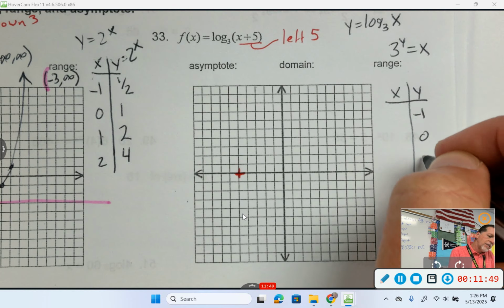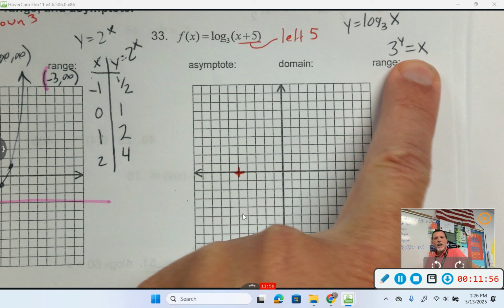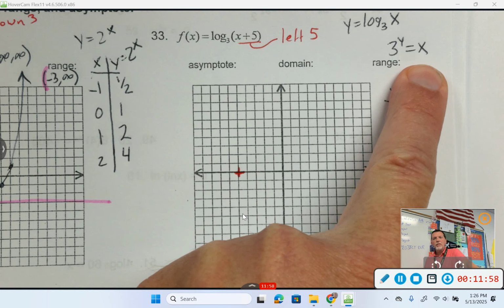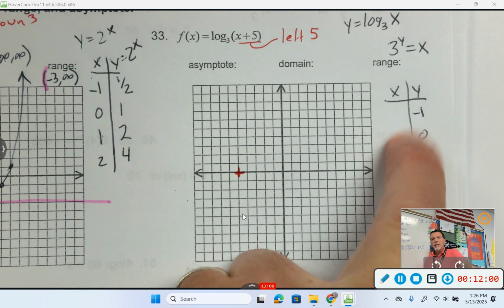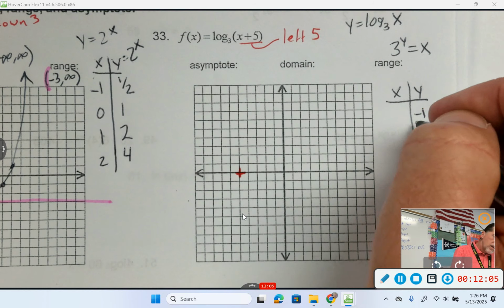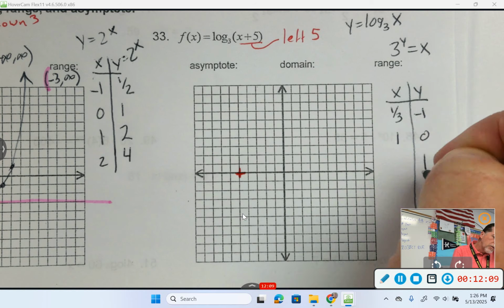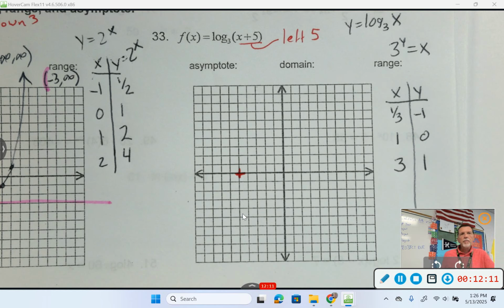So -1, 0, and 1, but in for y, which I think makes sense. If you tried to plug it in for x, you'd be stuck. There's nothing that would work for -1, nothing that would work for 0, and so hopefully you'd figure that out. Okay, 3 to the -1 is a third, 3 to the 0 is 1, 3 to the first is 3.